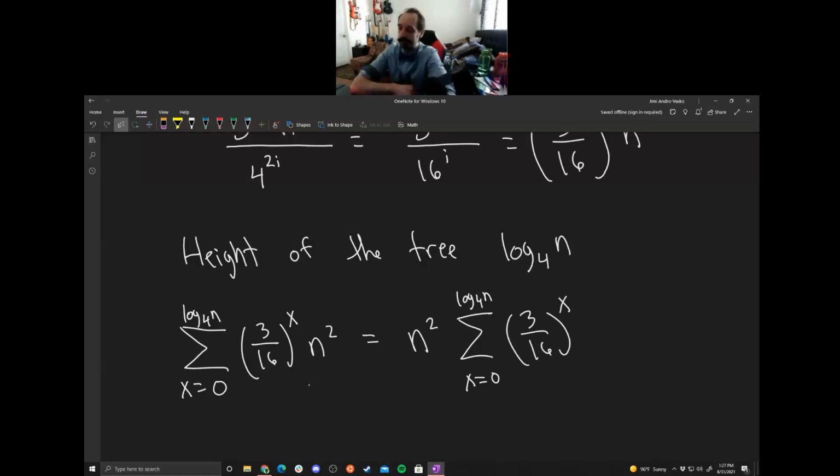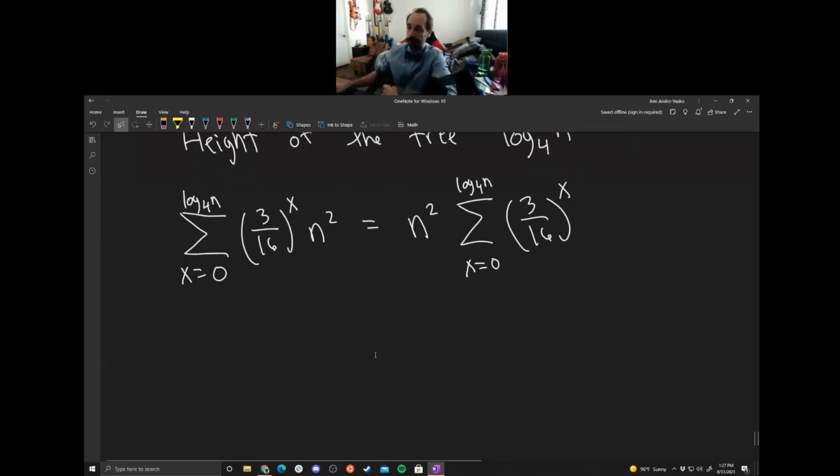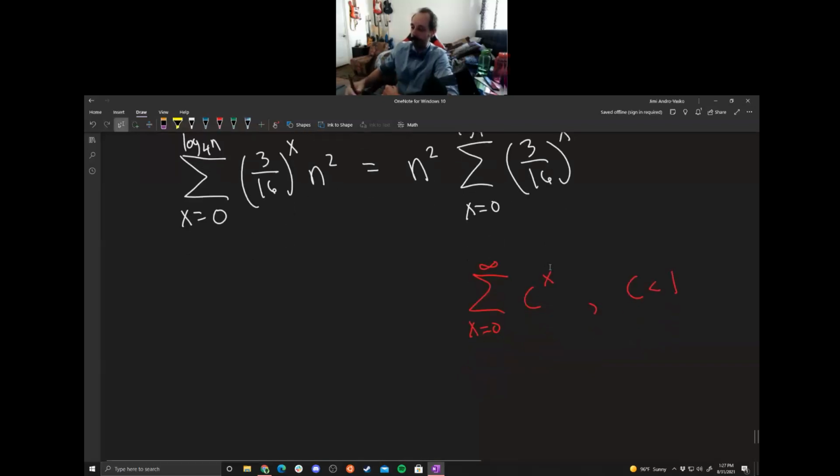Since the base of this exponent is less than 1, this is going to converge to a value. The formula to solve these types of summations is this: if we have a summation from x equals 0 to infinity of c to the power x, where c is less than 1, the result is 1 over 1 minus c.